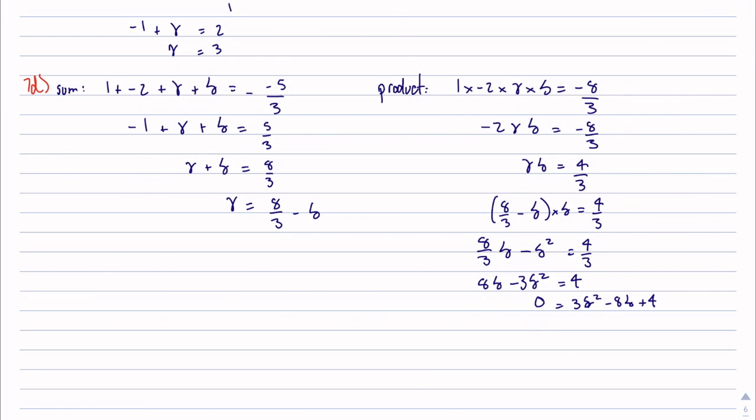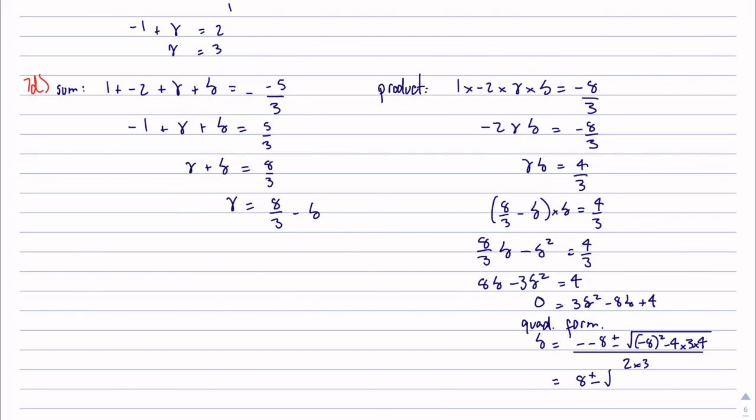So quadratic formula: delta equals minus negative 8 plus minus the square root of negative 8 squared, take 4 times 3 times 4, all over 2 times 3.